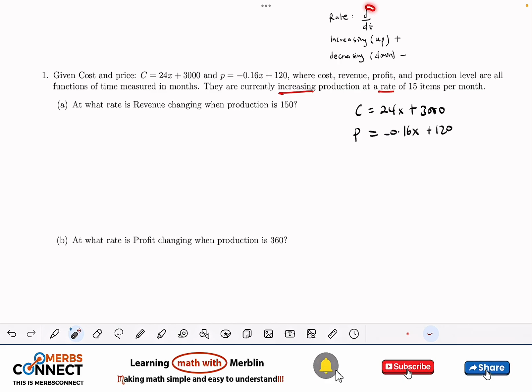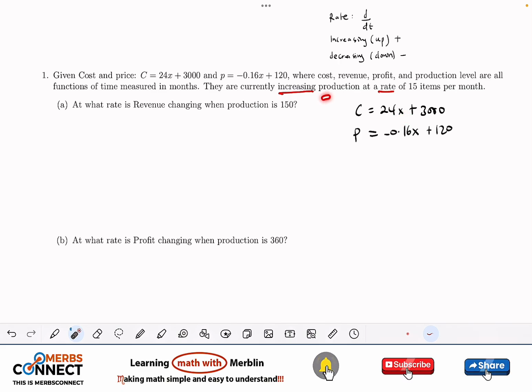I said rate goes with d over dt, because we are going with time. Increasing means that the figure here is going to be positive. But what should we multiply by the d? The d is going with the production. The production is the quantity that we are going to make, so our quantity is the x.